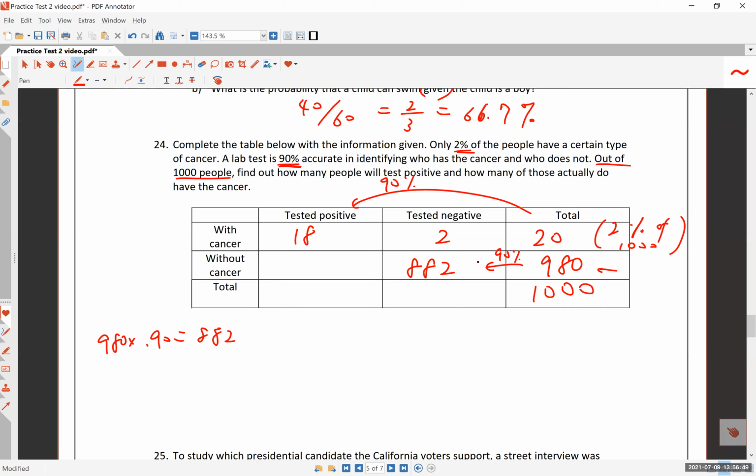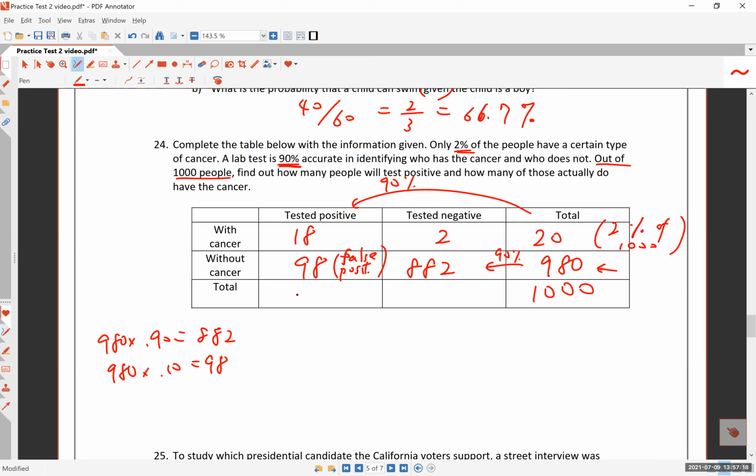The other 10%, that's 98. 98 of these 980 people will test positive falsely. This is the false positive. These people actually don't have the cancer, but the test says they do, because the test is only 90% accurate. So 10% will be considered to have cancer when in reality they don't.